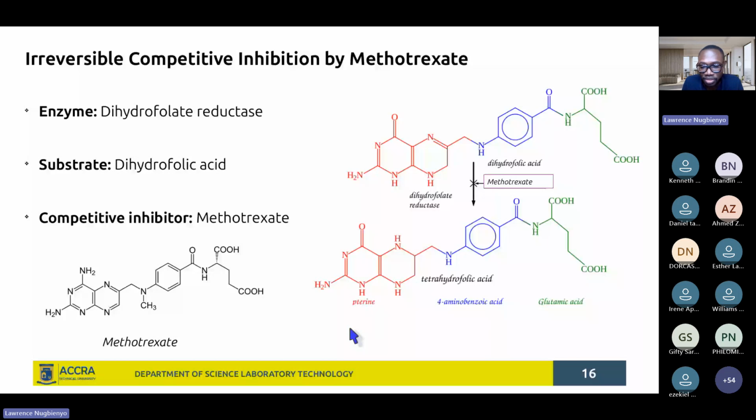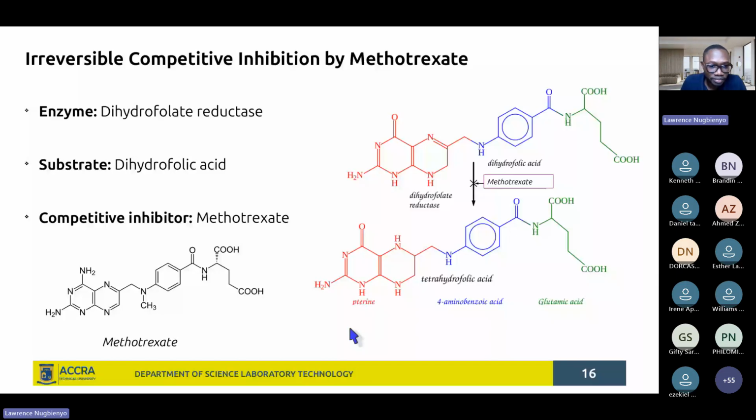I mentioned they go in there and prevent the synthesis of tetrahydrofolic acid, which is required for proliferation of cells. And because you have cancer cells that are proliferating so fast, if methotrexate inhibits that, it brings down the growth of tumors and can even result in cancer cell death.